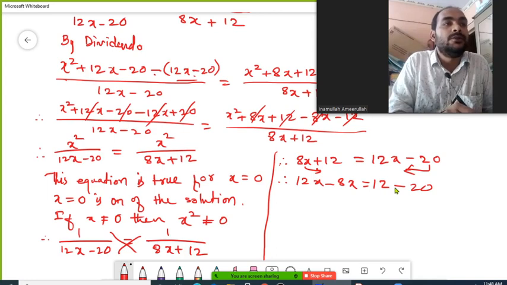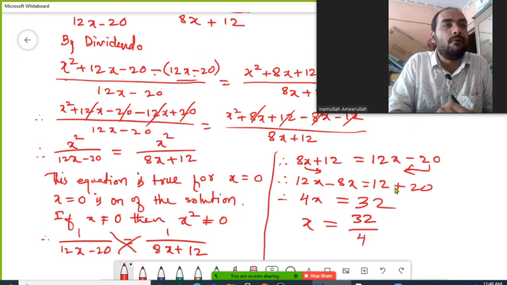So 12 minus 8, 4x. 20 came to this side, which was negative, so it will become positive. It will be 32. So x equals to 32 by 4.